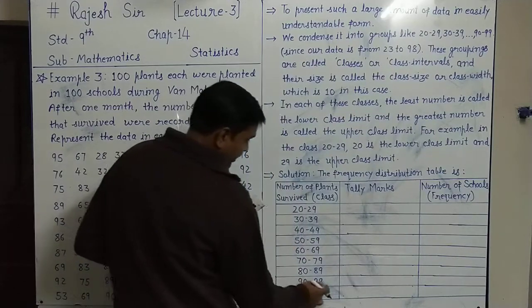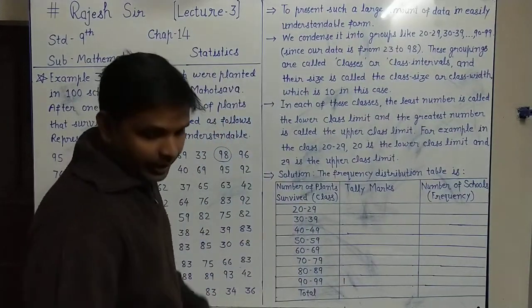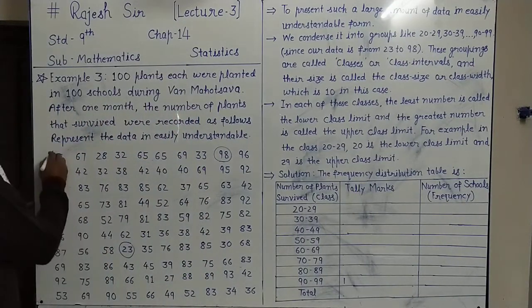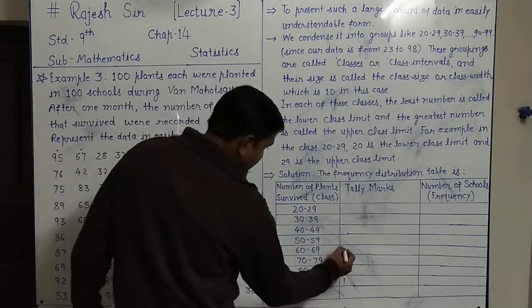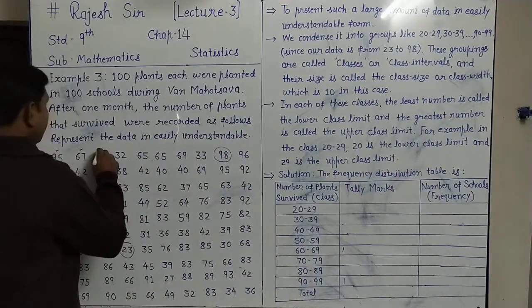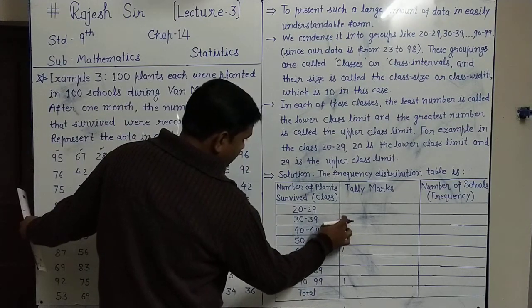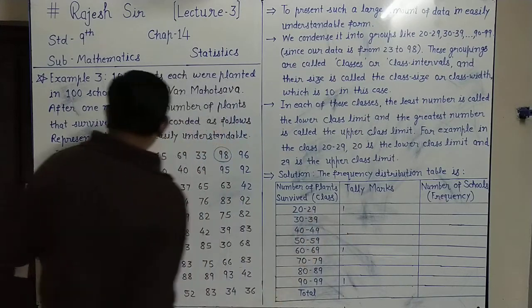In 90 to 99. So one tally mark will be made for 90 to 99, right? Then 67. 67 will come here. 28, sorry, 28 will come in this group, 20 to 29.